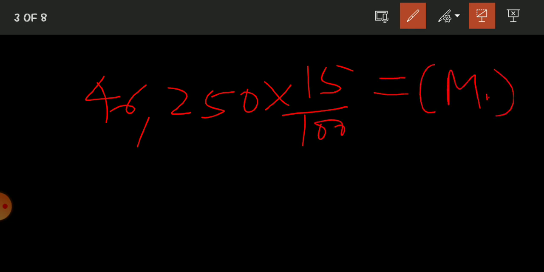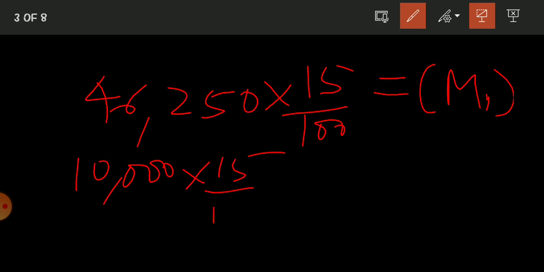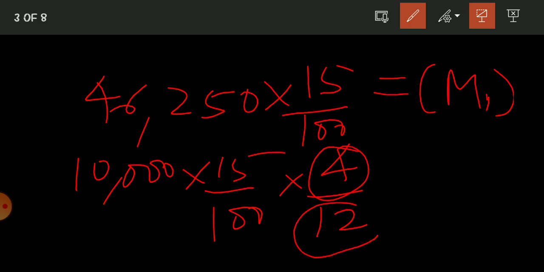On second machinery you have to calculate only for 4 months, so 15 upon 100 into 4 upon 12. 4 remaining months and 12 is the total months in a year, that is second machinery. Okay, so every time in this method the value of depreciation is changed.